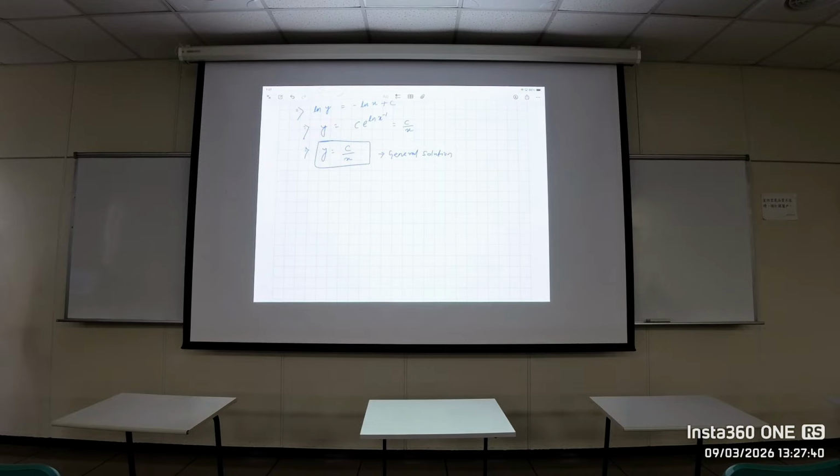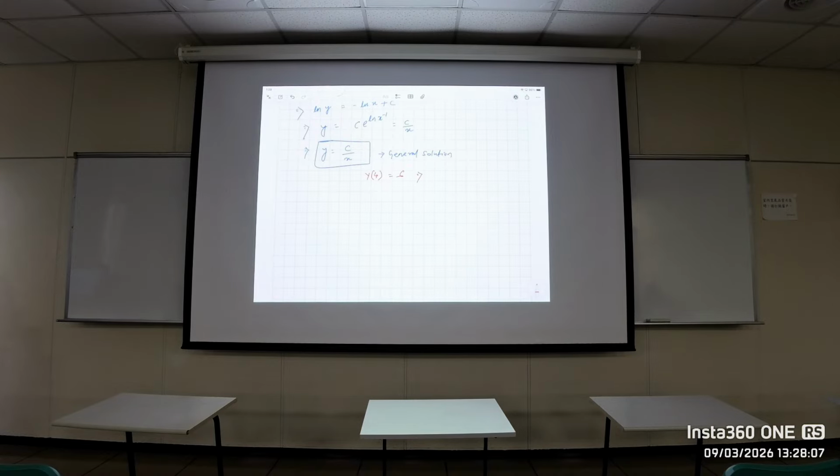Right? And what I need to do is apply the initial condition. So what is the initial condition? y(4) is equal to 6.